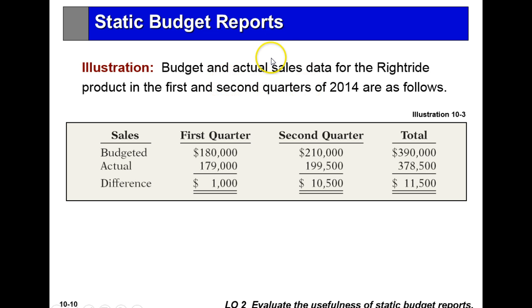Budget and actual sales data for the Right Ride product in the first and second quarters of 2014 are as follows. We've got budgeted for first quarter 180, second quarter 210, total of 390. The actual 179, second quarter 199, and it shows you the difference.